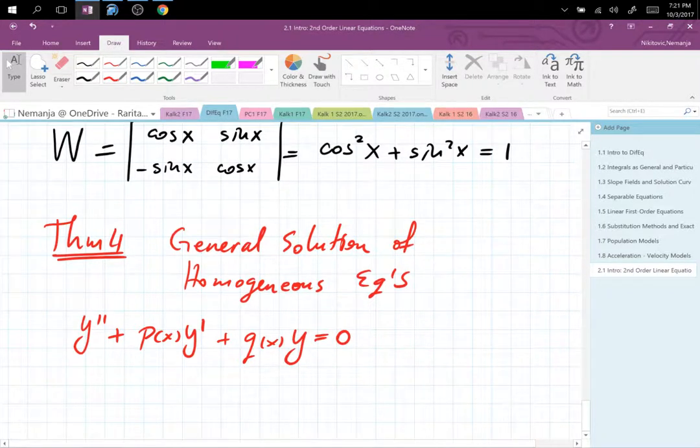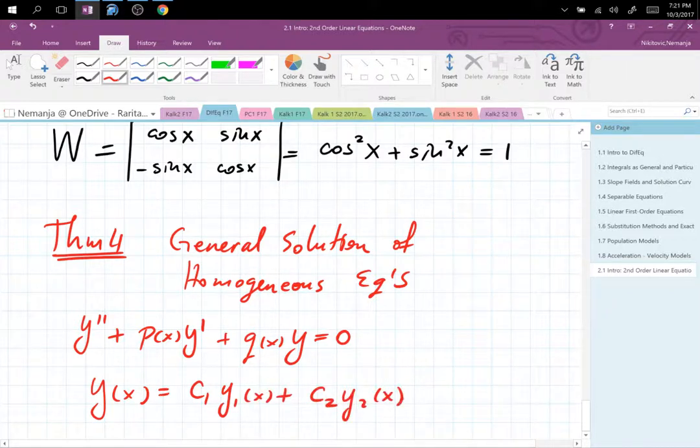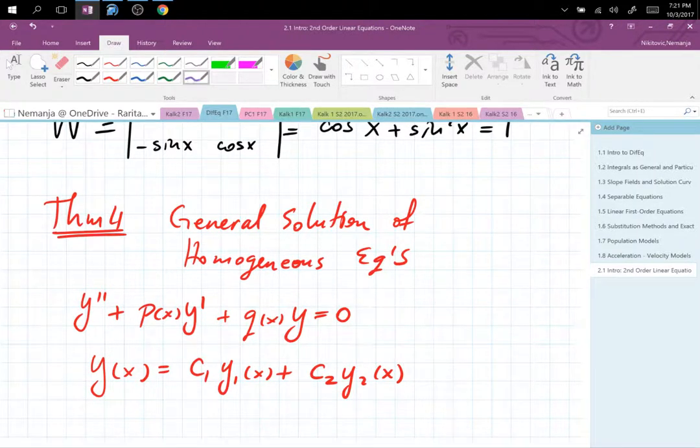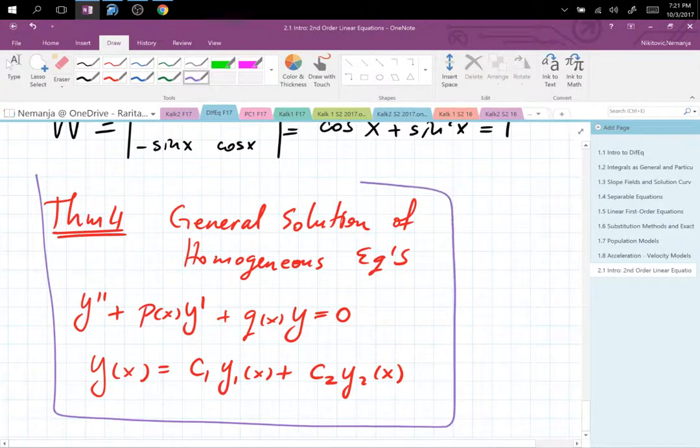It's the homogeneous case. The solution is going to be y of x equals c1 y1 of x plus c2 y2 of x, that superposition thing we talked about. So now we know how to check if y1 and y2 are linearly independent, and if they are, just line them up, add them in a linear combination, and we are done.